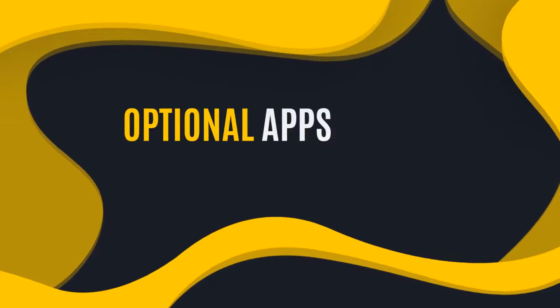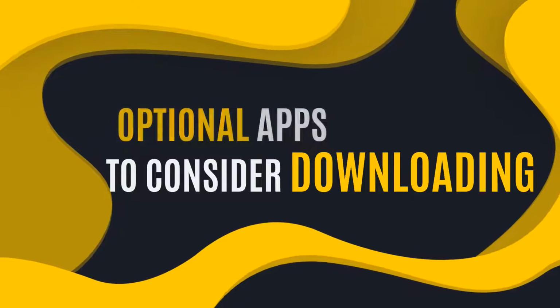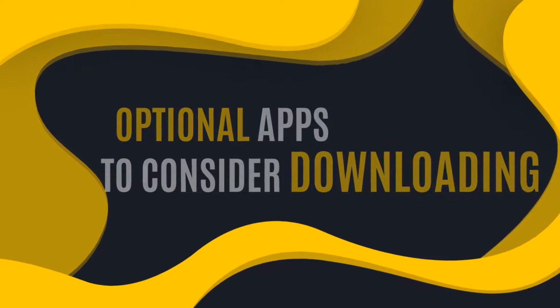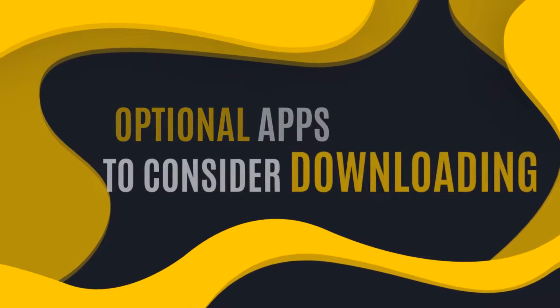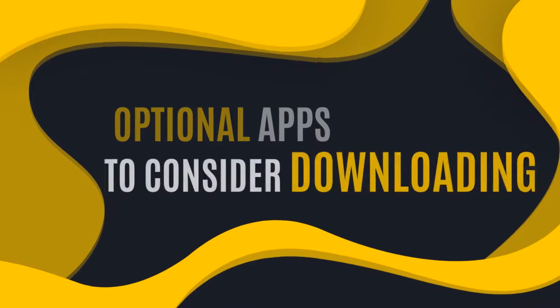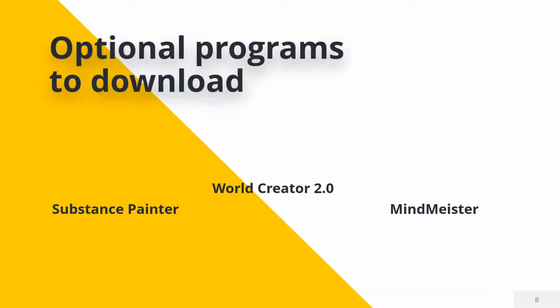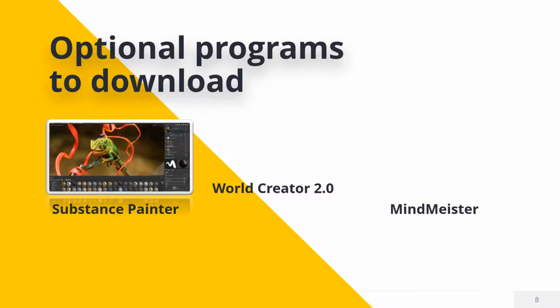Optional apps. Now, I will make special mention of a few programs that may interest you in your map making endeavors. You may want to simply bookmark these pages and perhaps in future purchase these programs for your map or asset making needs. The first one is great for creating textures for buildings, clothing, or just about any 3D object you can imagine.